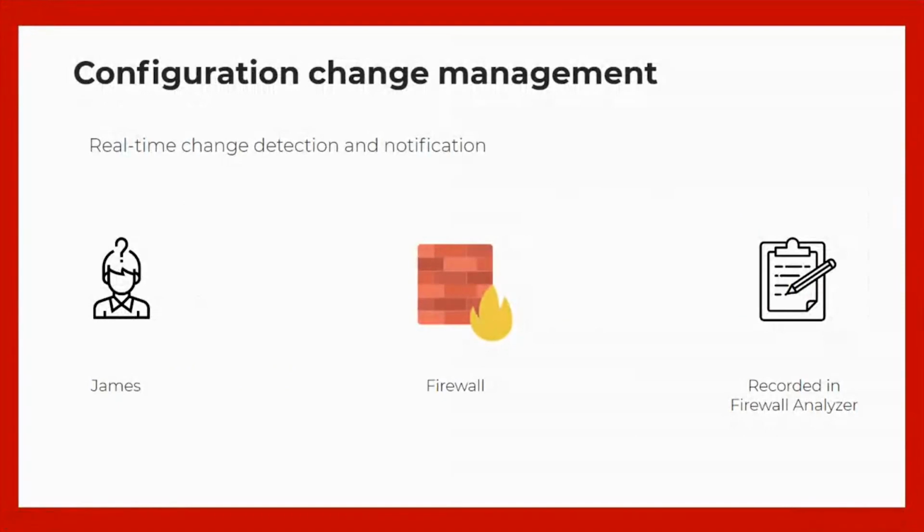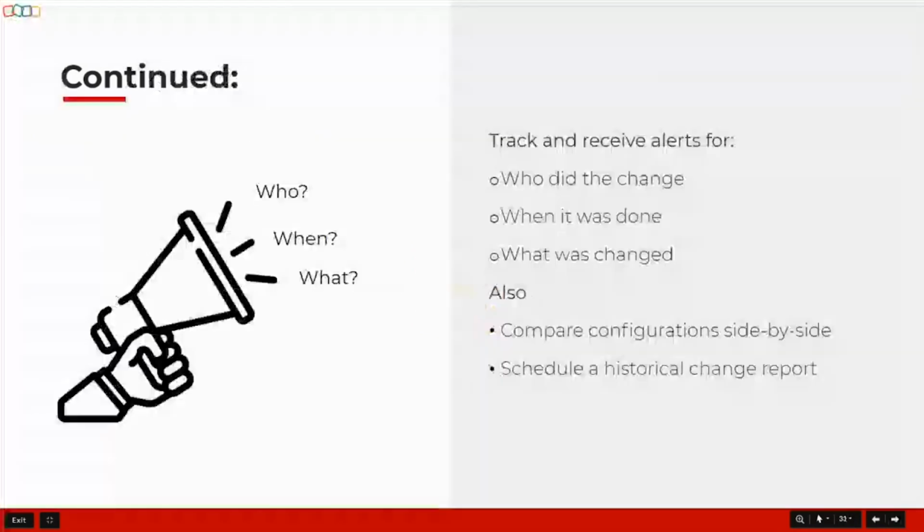As mentioned before, the changes made to the firewall configuration, let's say by the unknown, malicious user James, have gone unnoticed. However, with Firewall Analyzer, any and all changes made to the firewall device will be recorded in the tool. Firewall Analyzer tracks not only who made the change, but also when it was done and what was changed.